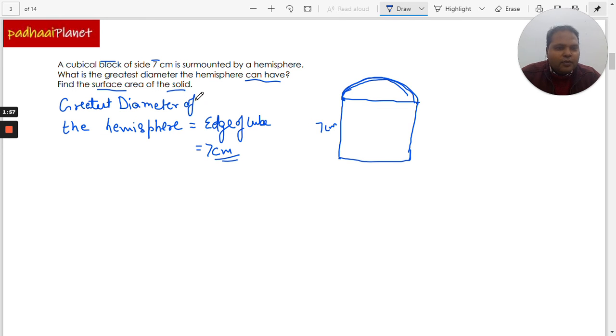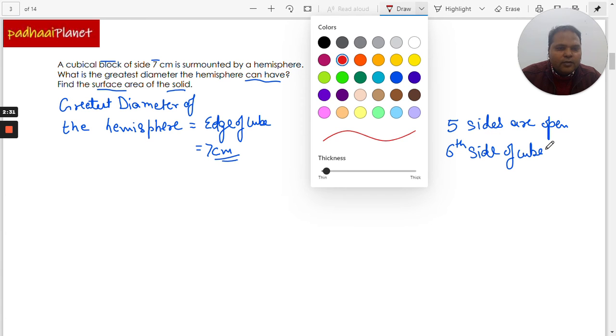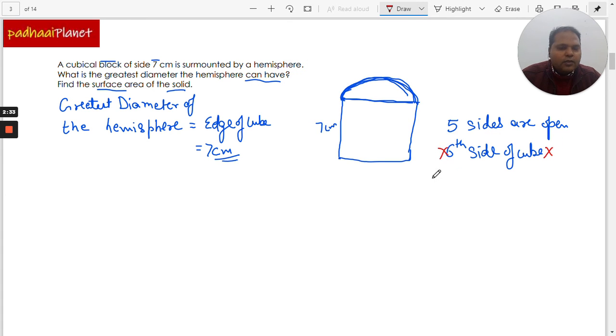Now here we got to be very careful, because this is a cube and 5 sides of this cube are open, right? And on the 6th side, which is the top side, this one, this is not open, and this is basically surmounted by the hemisphere. So the 6th side of the cube will not be counted in the total surface area.